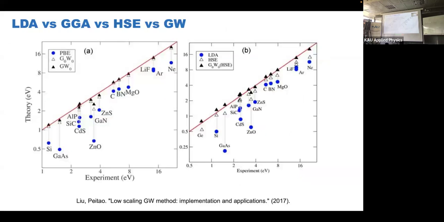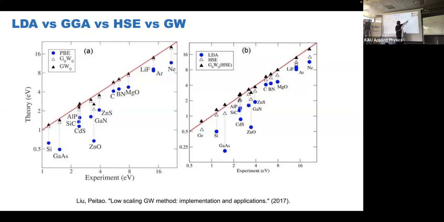Here we can make some comparisons. PBE and LDA are the blue circles, and HSE the white triangles. The red line is the actual band gaps, and we can see that the triangles go almost to this line, but LDA doesn't work.